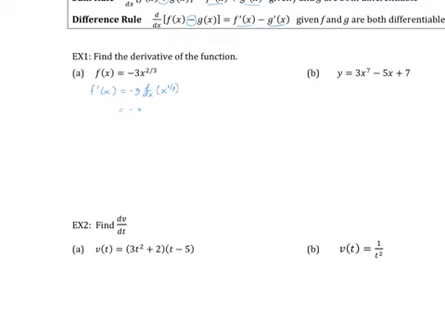So that's going to be negative 3 times, and here the 2/3 comes out in front. x to the 2/3 minus 1 would be a negative 1/3. And then I can see that the 3's are going to cancel.